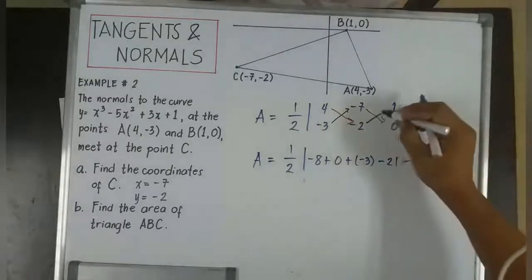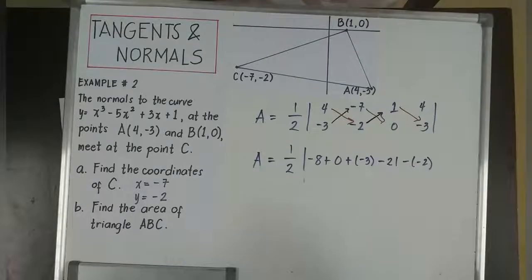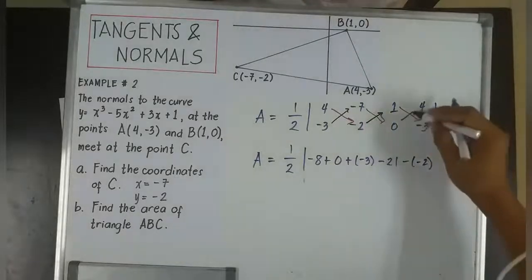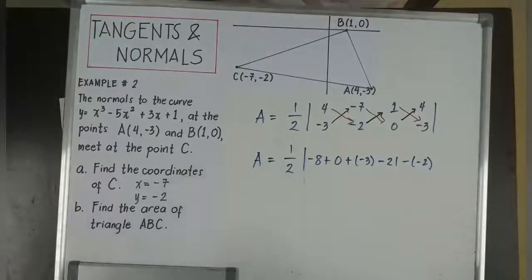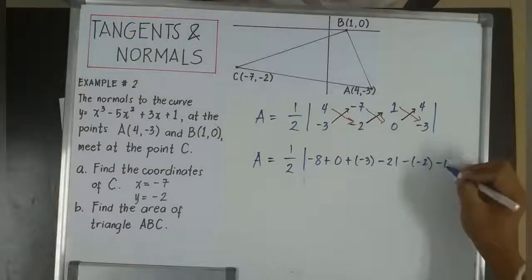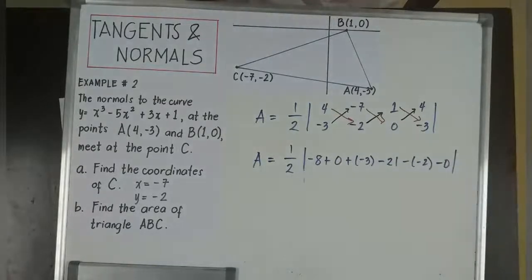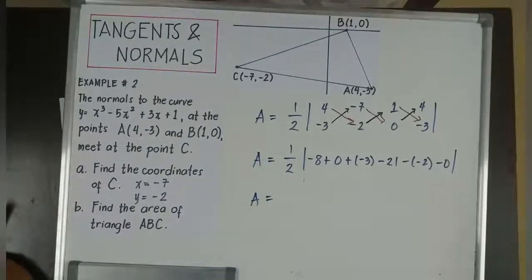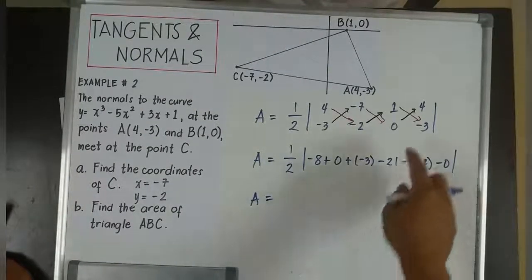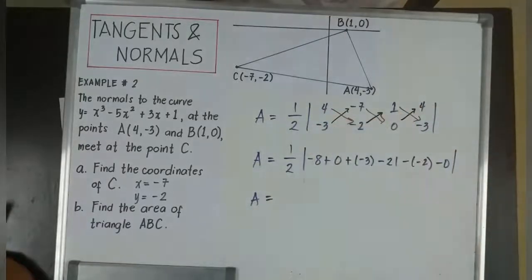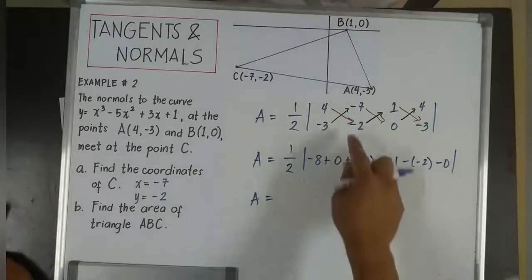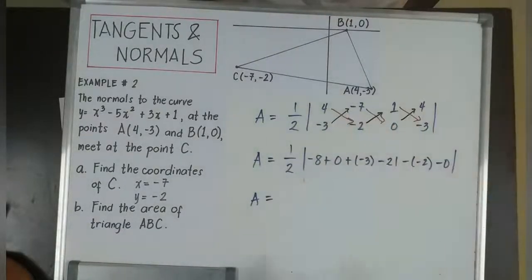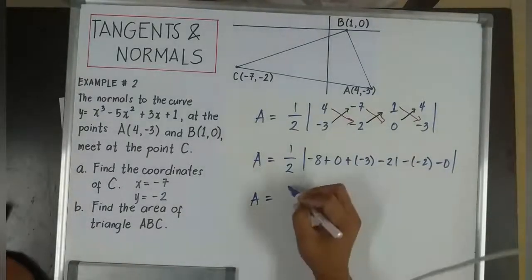This is the fifth thing that I'm doing. The sixth will be 0 times 4, which is basically minus 0. So the area will be equivalent to, usually I call this method the shoestring method for area. Shoestring, you see, it looks like a shoestring.